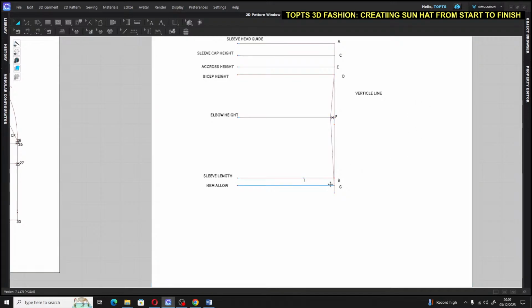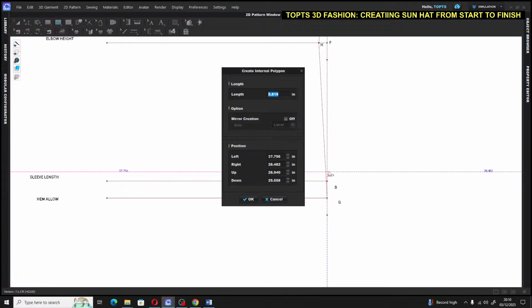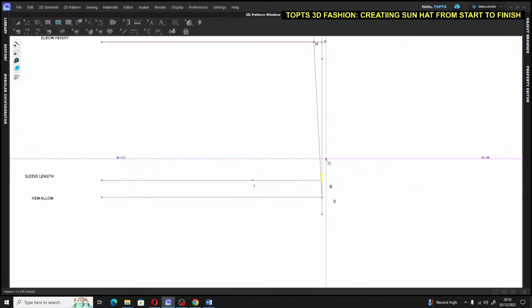From B, we are marking upwards 0.5, which is that point.